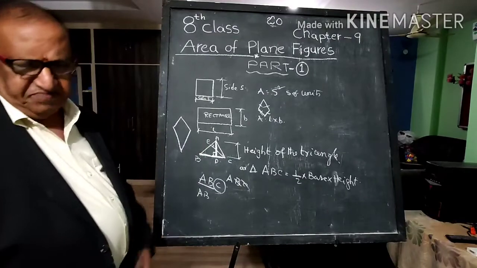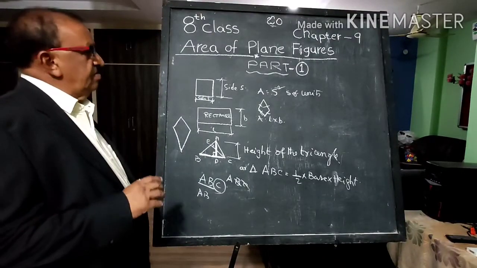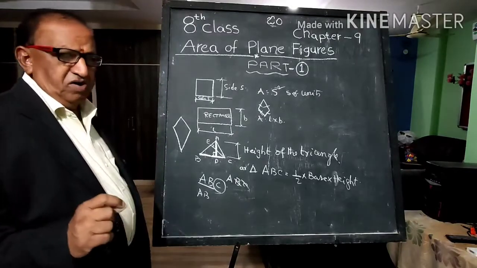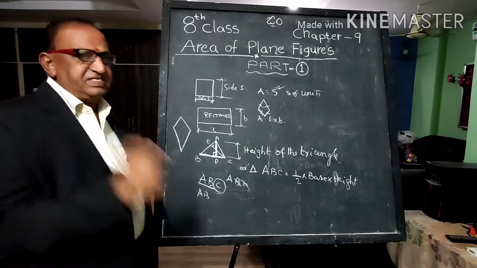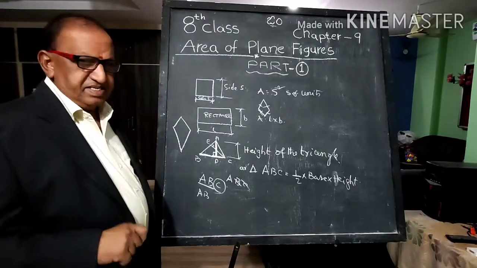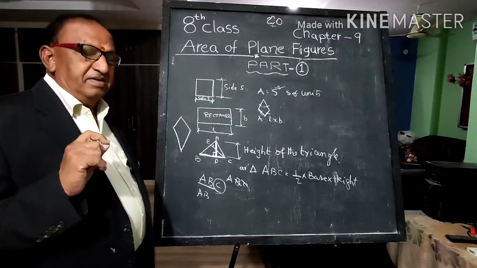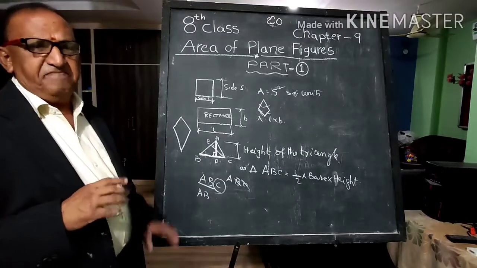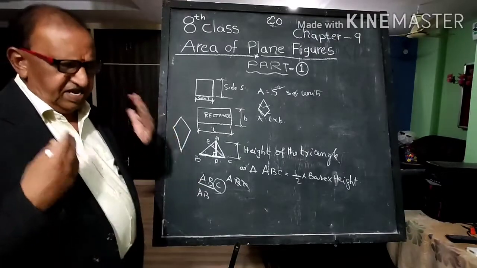I want to tell you something here, very, very important. In practical geometry, if you understand the triangle, the properties of the triangle, like perimeter, area, like that, if you know the triangle very well, I would say about 75% of plane geometry you already know how to find the areas of different figures.